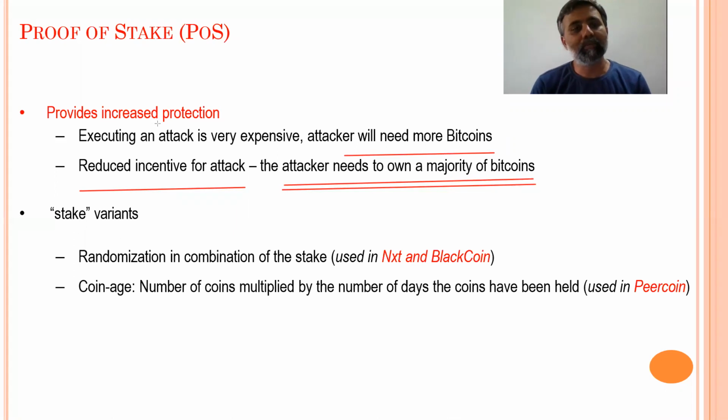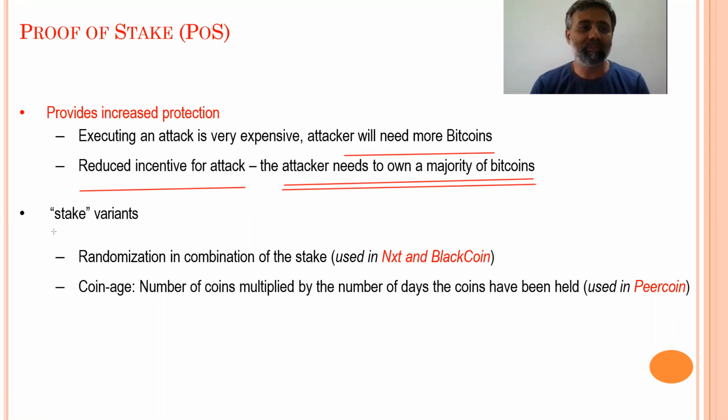But the traditional approach for proof of stake has some disadvantages also, because if someone has more Bitcoin, then he can do a major portion of the mining.